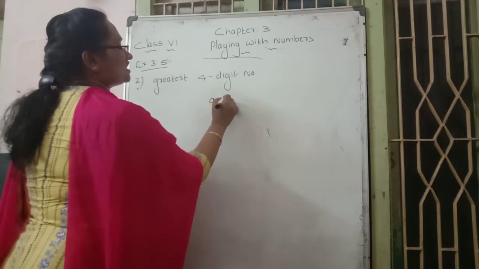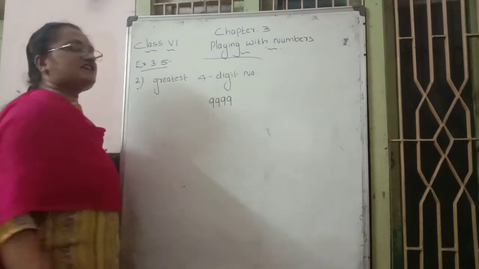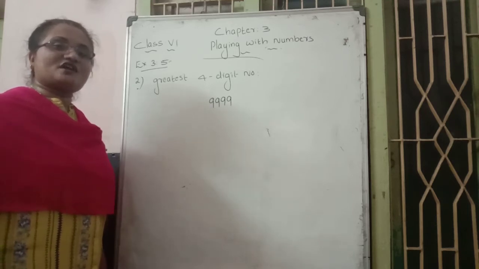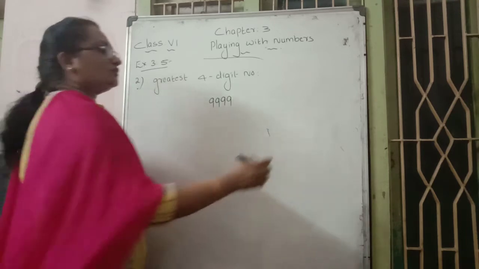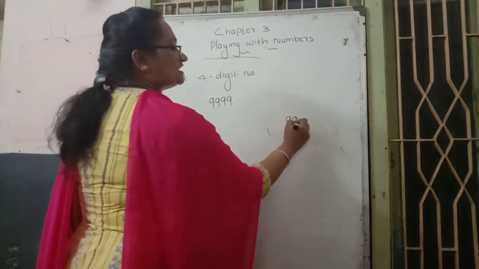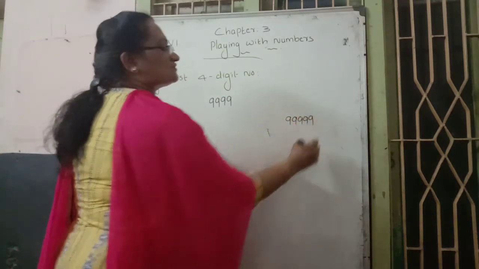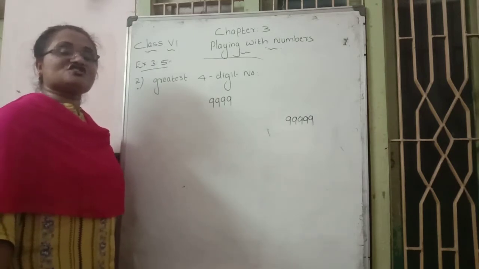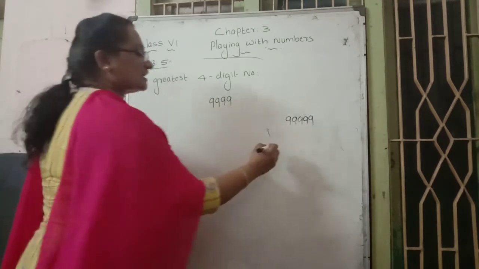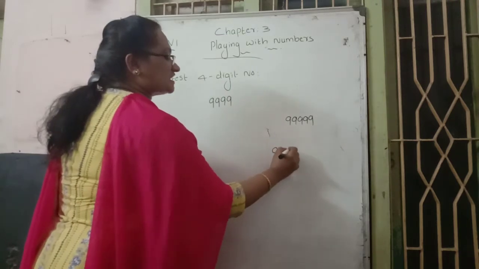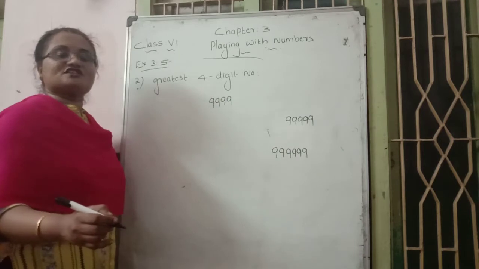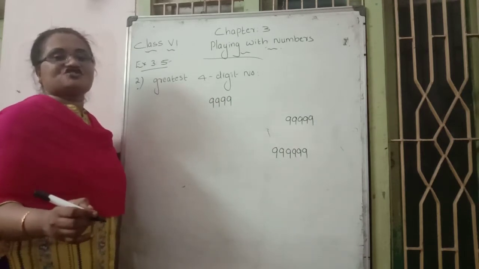If the question asks for the greatest 5-digit number, what do we do? 9 is written how many times? 5 times, we get the greatest 5-digit number. Or if it asks for the greatest 6-digit number, how many times will 9 be written? 6 times 9 will be written, then we get the greatest 6-digit number.